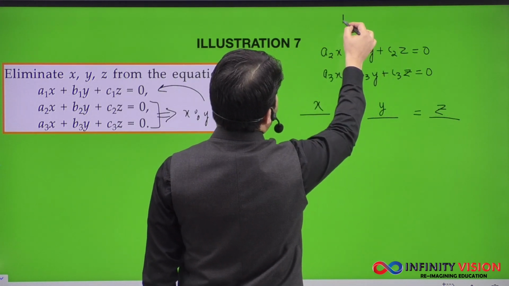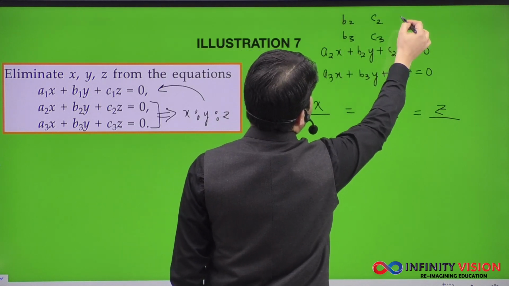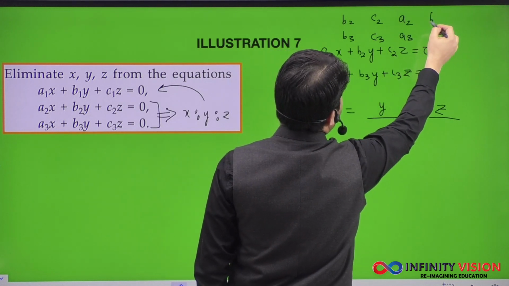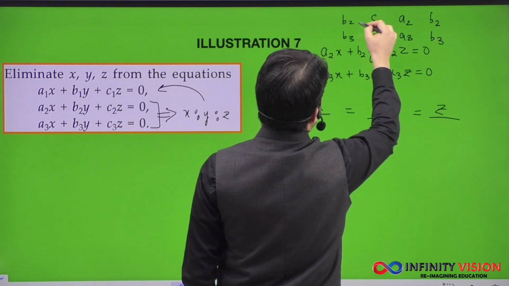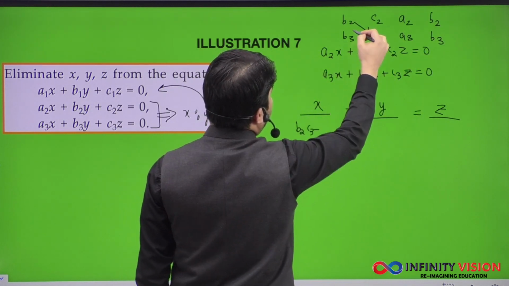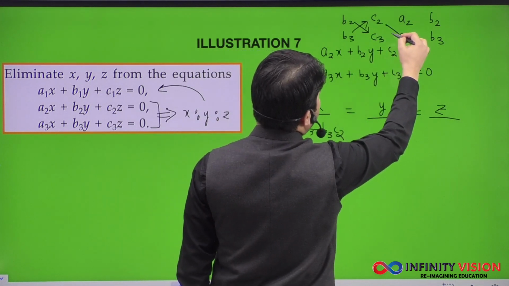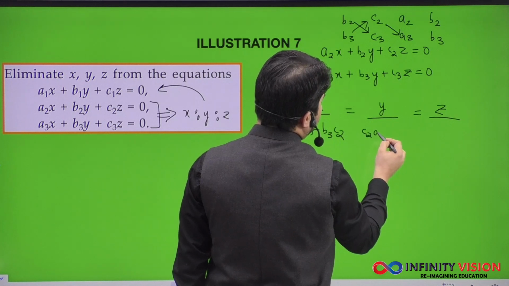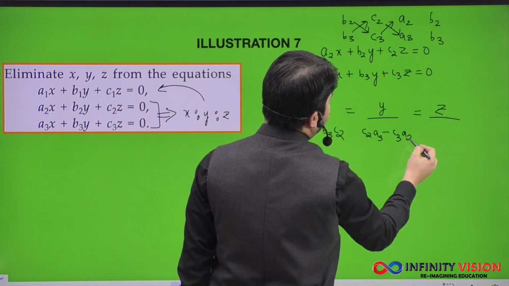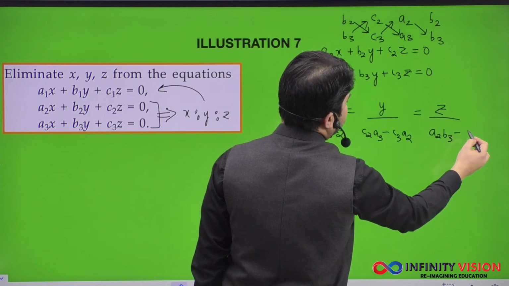So you're going to do b2, b3, c2, c3, a2, a3, b2, b3. So for x, b2, c3 minus b3, c2. For y, you will get c2, a3 minus c3, a2. And for z, you will get a2, b3 minus a3, b2.